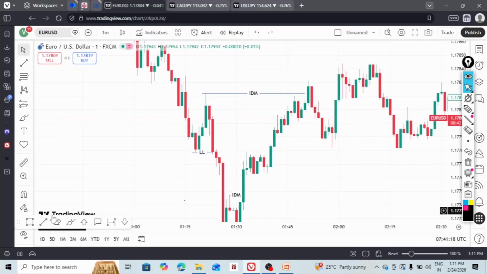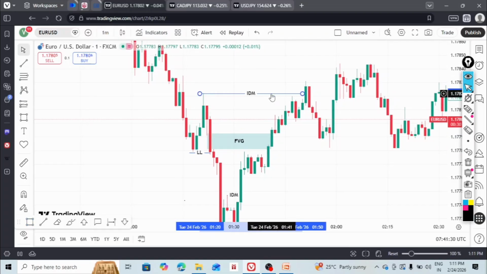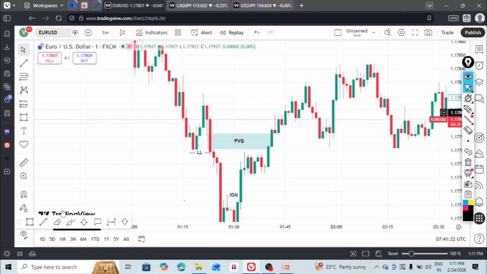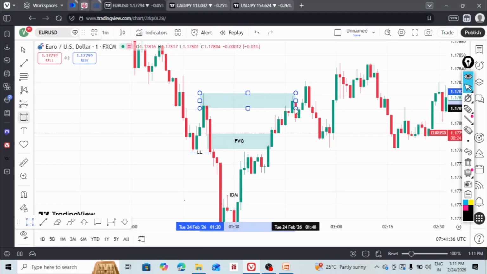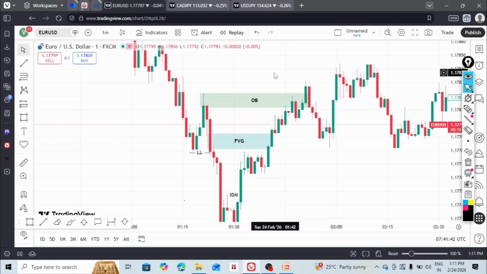Okay, so this is the first pullback. We have a fair value gap here. We have the order block here. This is the order block.